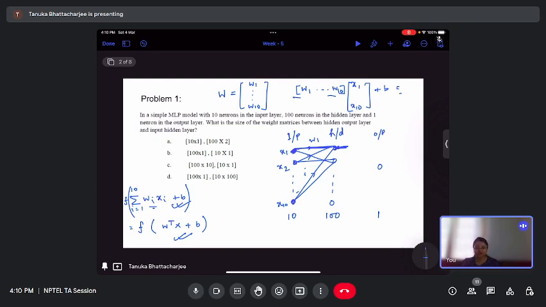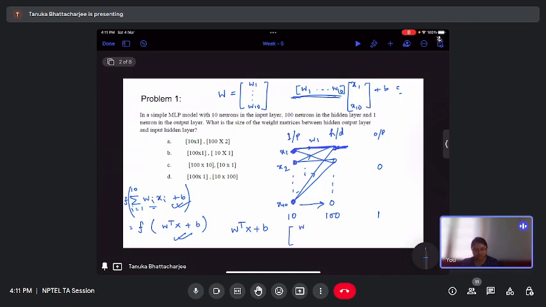Now, you have 100 such neurons. All of these will do the same operation, so for each of these there will be this sort of weight vector. If you concatenate all of these together, you can do the entire operation involved in the input layer to hidden layer transition through one equation only, which is W transpose x plus b, where your W has all the weights.